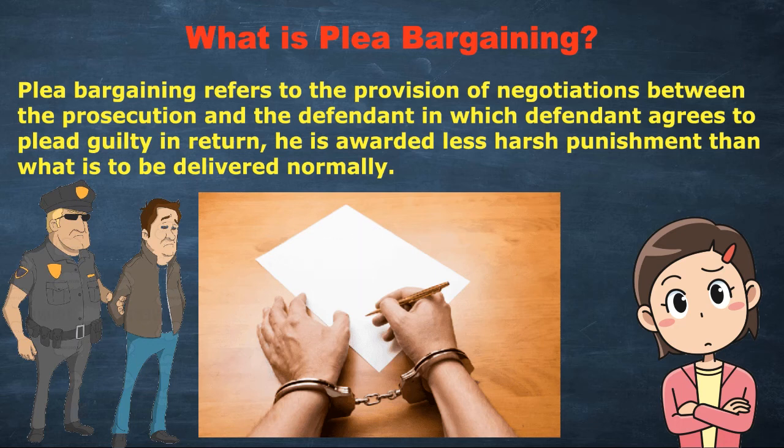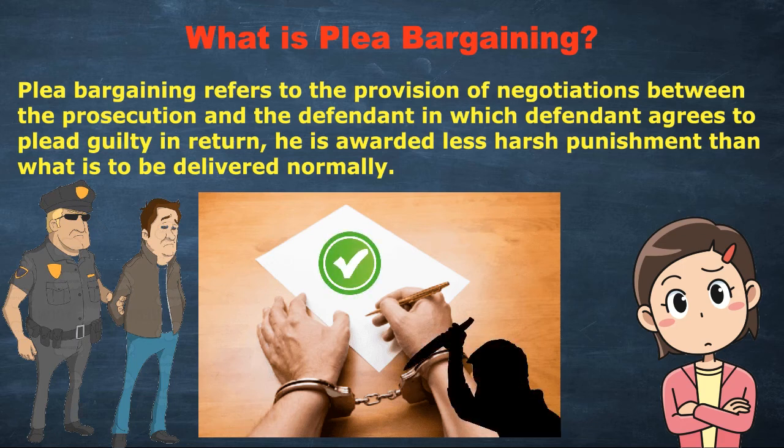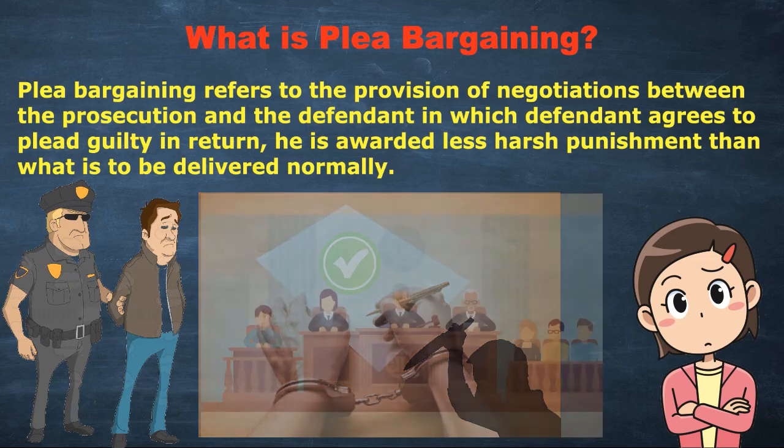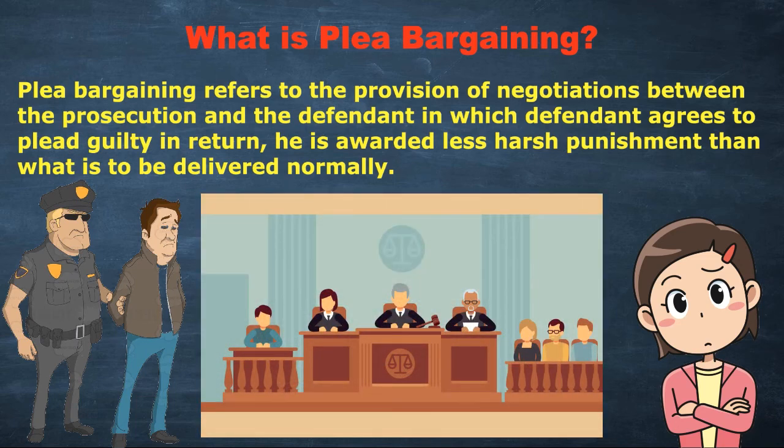Okay, so if the accused accepts the offense, the crime that he committed, before trial even begins, then he will be punished, of course, but the quantum of punishment will be lesser than if it is done through the proper trial. Okay, so this is the concept of plea bargaining.